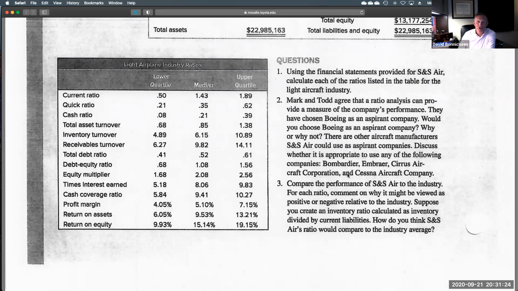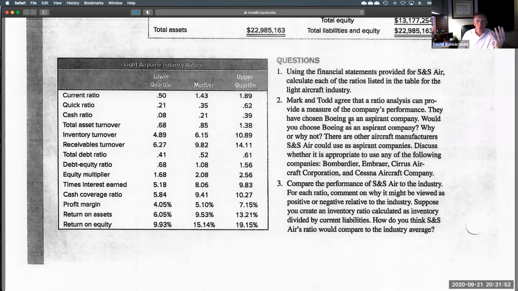So you're going to maybe do a little research on the web, go to Bombardier's website, see what line of business they're in, and see how it compares to the line of business that S&S Air is in. Go to Embraer, Cirrus, Cessna. Do some research and then determine which of these companies you feel would be the most appropriate peer comp for S&S Air.